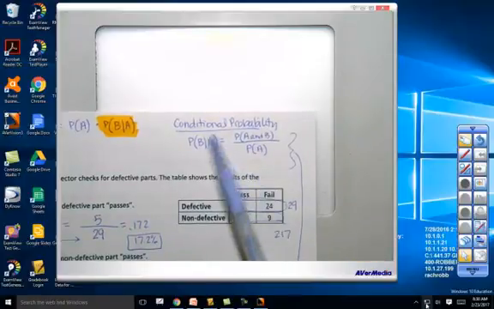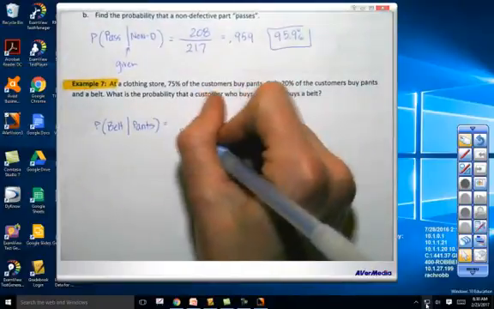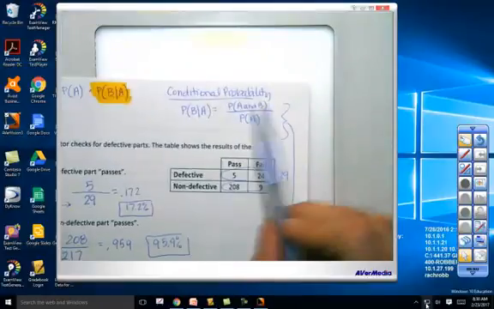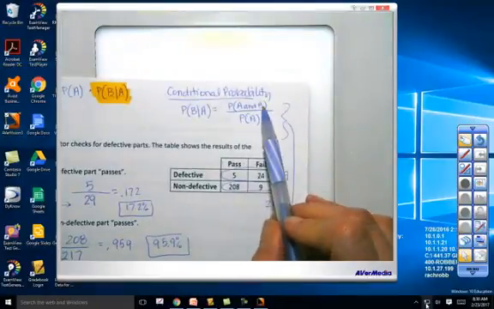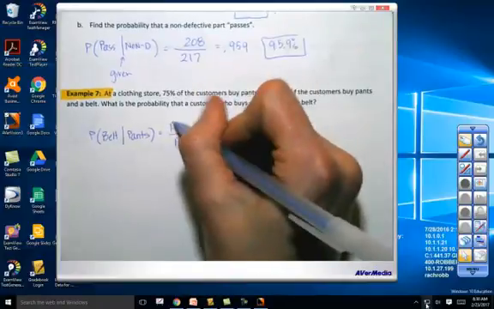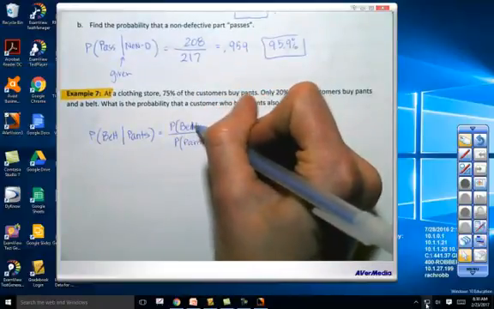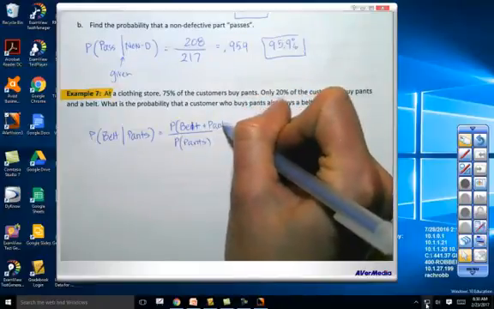So the probability of pants goes on the bottom. And on the top, the probability of A and B, which would be the probability of belt and pants.